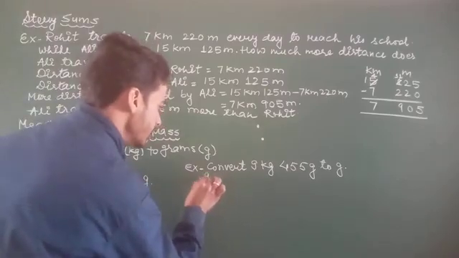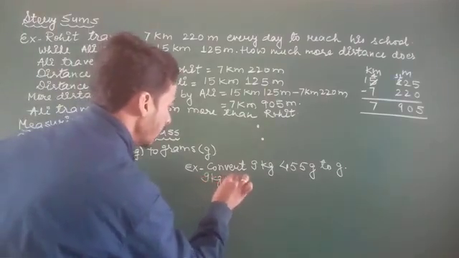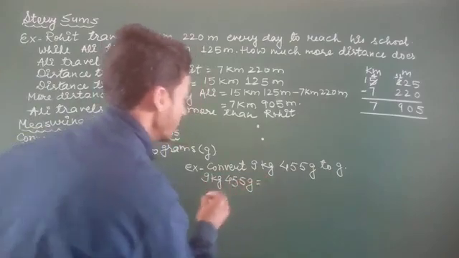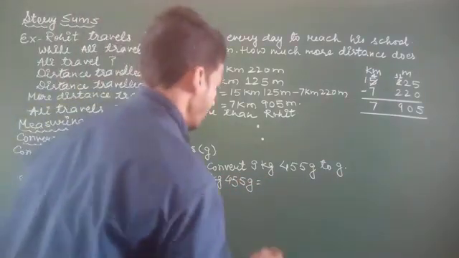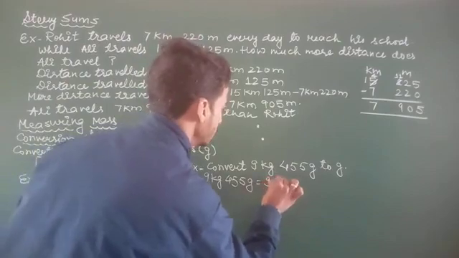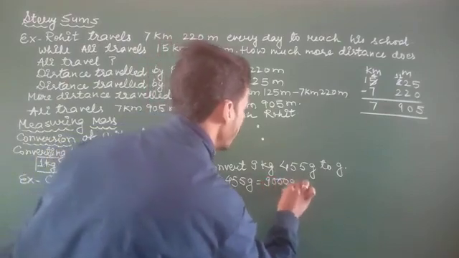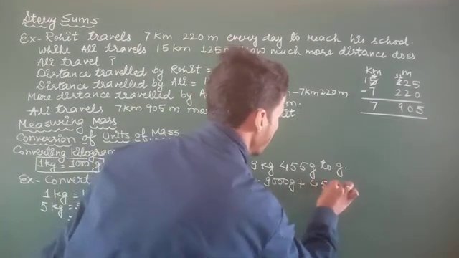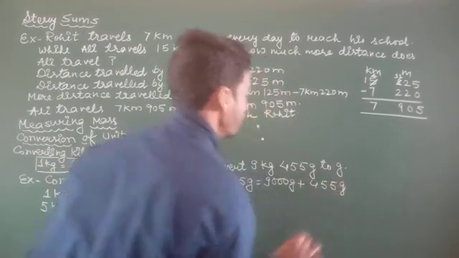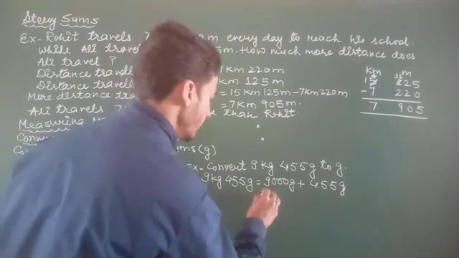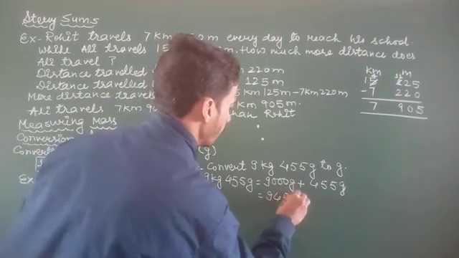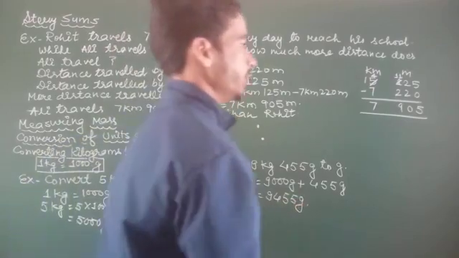So 9 kg 455 gram: 1 kg is equal to 1000 gram, so 9 kg is equal to 9000 gram plus 455 gram. Now add both of them because both are in the same unit. So that is 9455 gram.